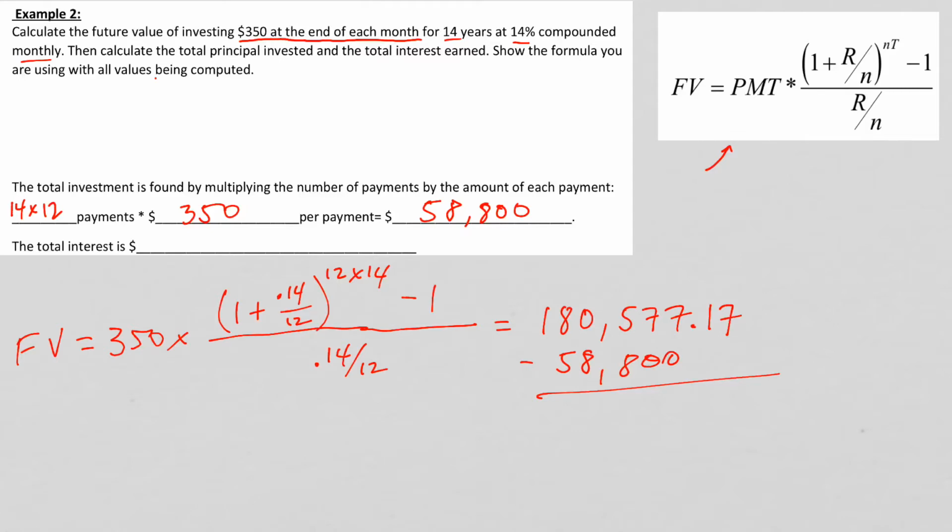So we get, let's see, what does this come out to? 121,000. Oh, I made a mistake here. What did I do? Let me pause. No, that was right. $121,777.17 in interest. Okay? And that's off of a total contribution of $58,000. So that's pretty good.